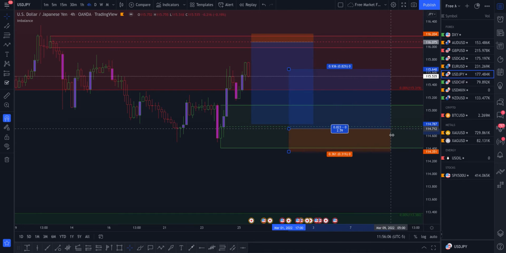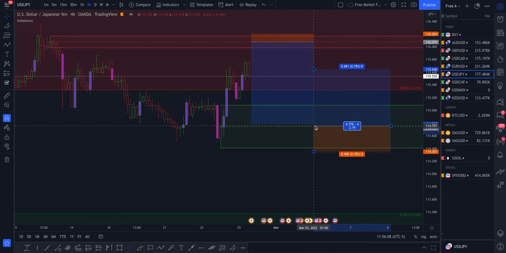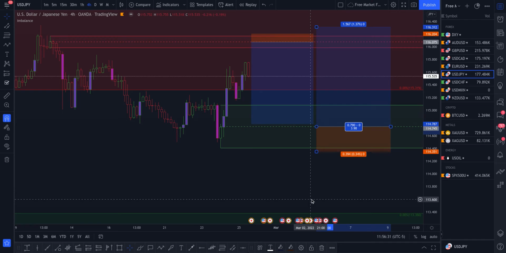Slide this over. Okay. All right. I mean, 4x would take us back past this supply zone right here. Okay. If I can just get it.